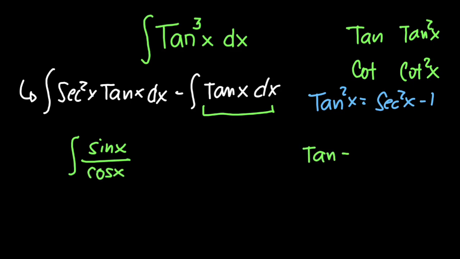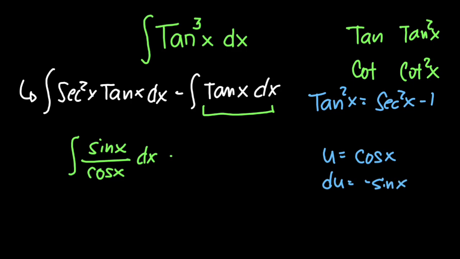Know that tangent is equal to sine over cosine dx. So let us take the integral of this. Let u here in this case be cosine of x. And so taking the derivative of cosine of x, it is equal to negative sine of x.